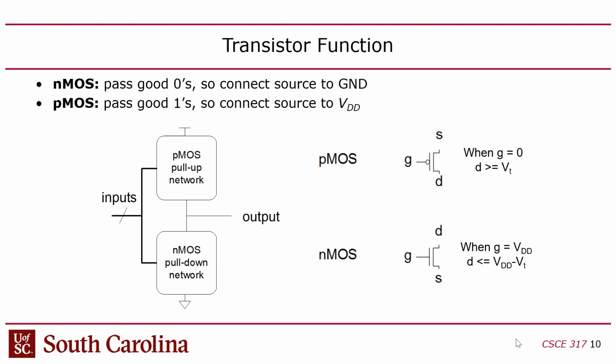So you have two transistors for each input, and the PMOS is used in the pull-up network, and the NMOS transistor is used for the pull-down network. So the idea is that for whatever input combination you send in here, you will either be creating a path through the pull-up network or a path through the pull-down network, but never at the same time.